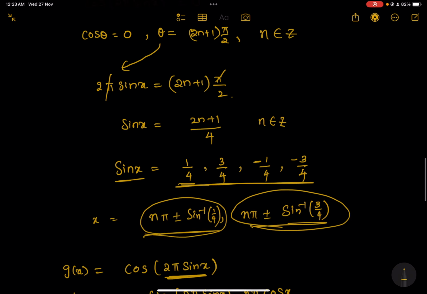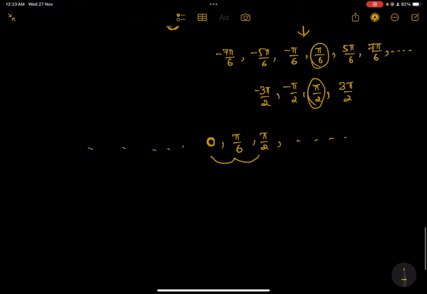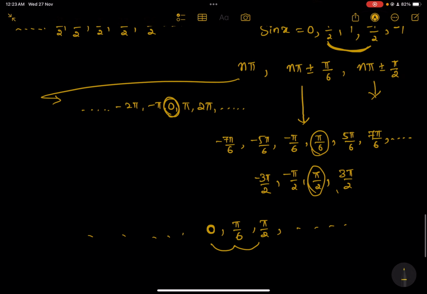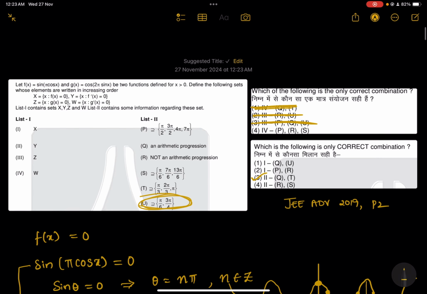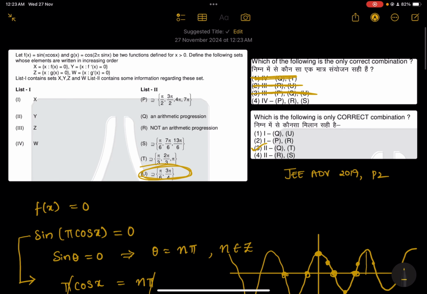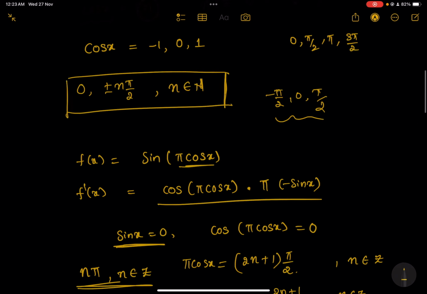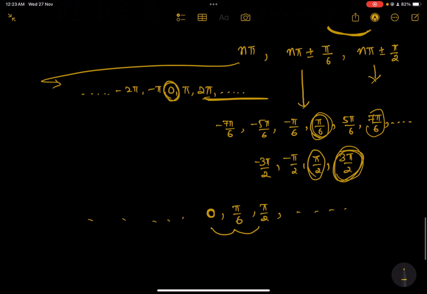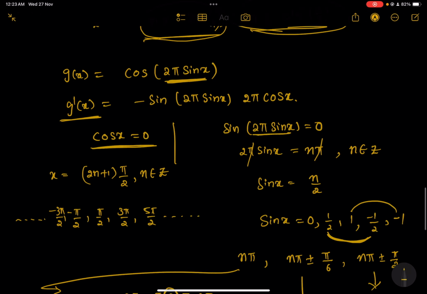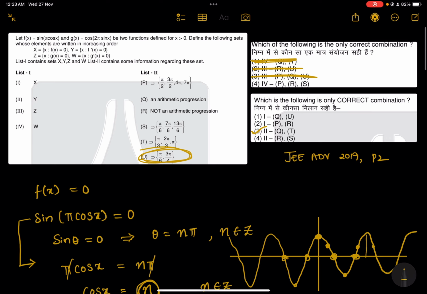Pi by 2 is present. Okay, 3 pi by 2 is present. Here you will get 4 pi and 7 pi. So choice P is correct. And R, it is not an arithmetic progression, that is also correct. S: pi by 6, 7 pi by 6, 13 pi by 6. So you get all of these here, pi by 6, 7 pi by 6, and the next term will be 13 pi by 6. So the correct answer is option 4.